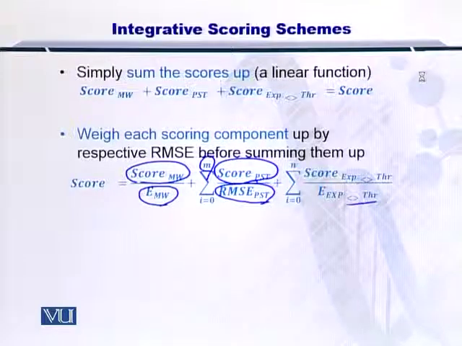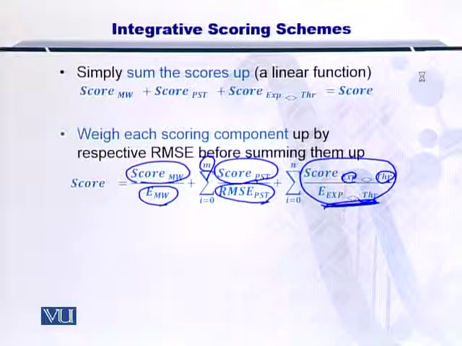Similarly, you compare the score from the experimental and theoretical spectral match, and you divide it by the overall error that was there during the matching, and you do it for the entire protein length. So, by adding all of these three quantities up, you can have a better score as compared to the score that we obtained earlier.